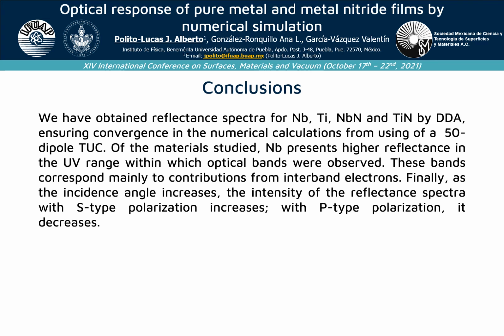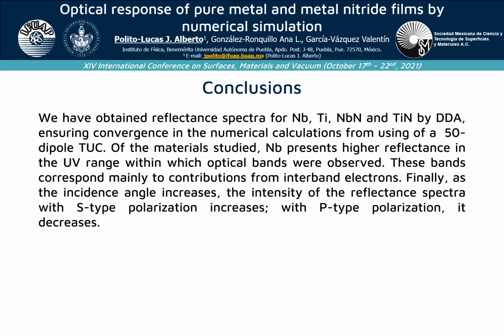As a conclusion, we can mention that we have obtained reflectance spectra for 4 materials: niobium, titanium, niobium nitride, and titanium nitride by means of DDA, ensuring convergence in the numerical calculation with the use of a 50 dipole TUC. Of the materials studied, niobium presents a higher reflectance in the UV range, within which optical bands were observed.